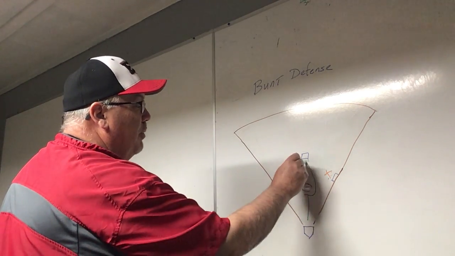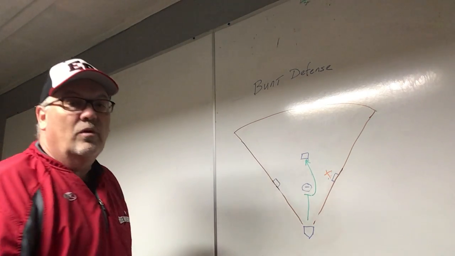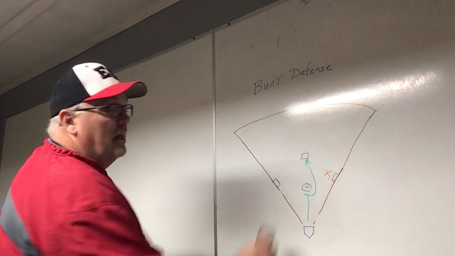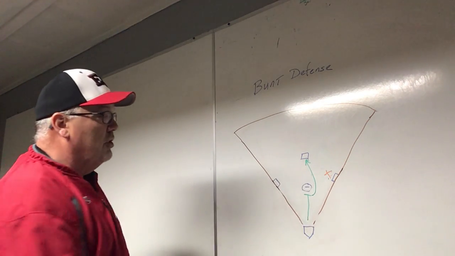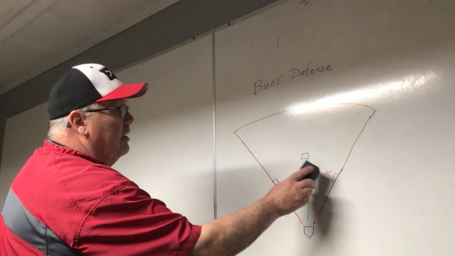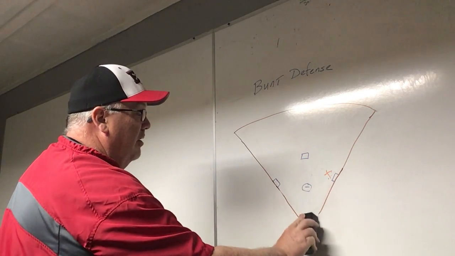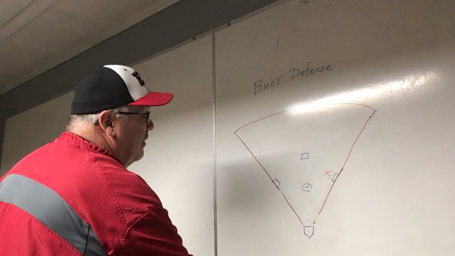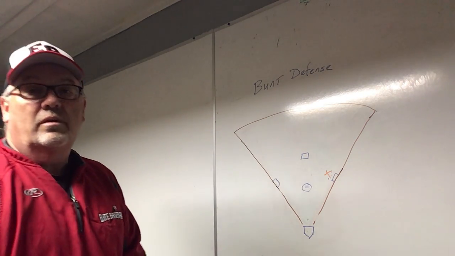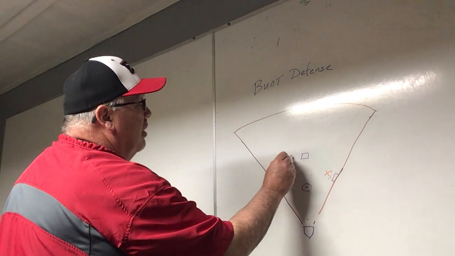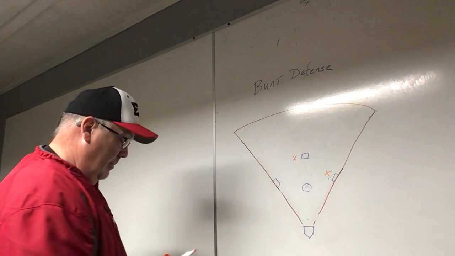We may have an opportunity to throw the ball and get the out at second base. But again, the ball's got to be hit pretty sharply back to the pitcher. Likely this guy at first base did not take off, and you use the eyes of the catcher to help make the proper decision.